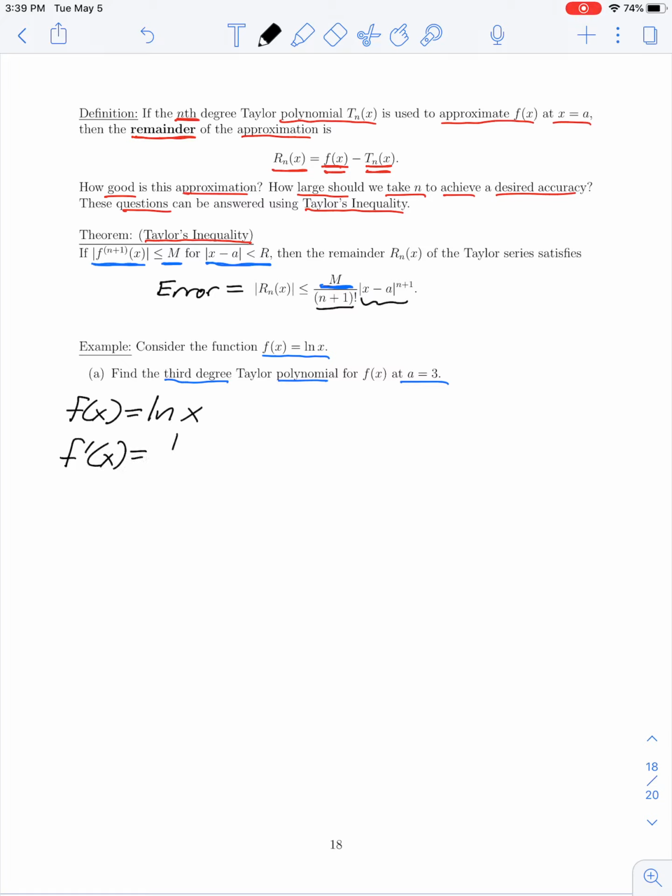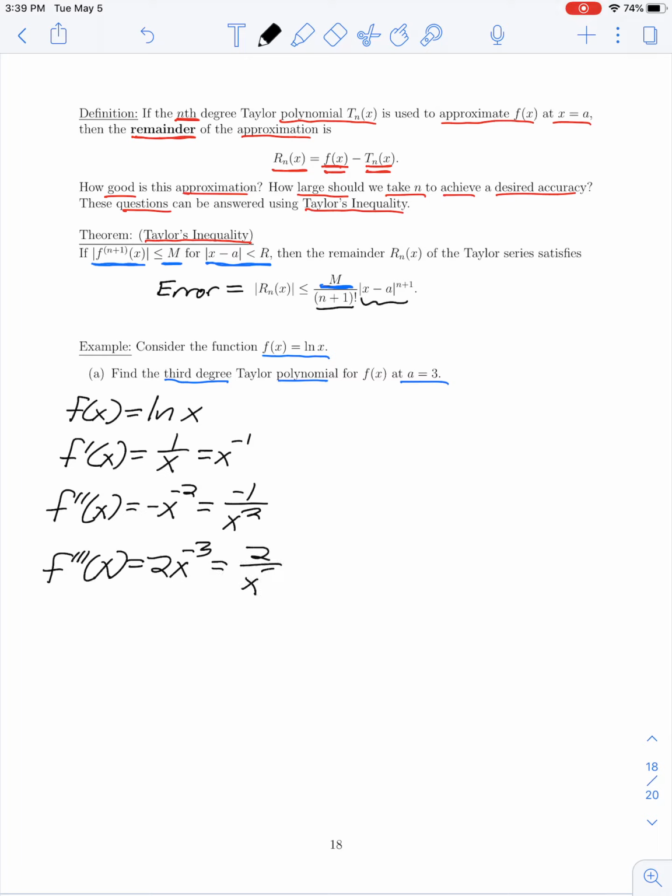So here f prime of x is 1 over x, or x to the negative first. The second derivative, f double prime of x, would be negative x to the negative 2, or negative 1 over x squared. And our third derivative, f triple prime of x, is positive 2x to the negative third, or 2 over x cubed.